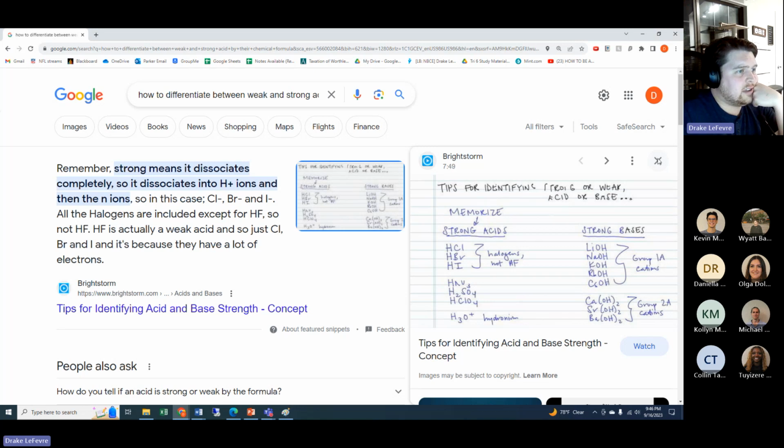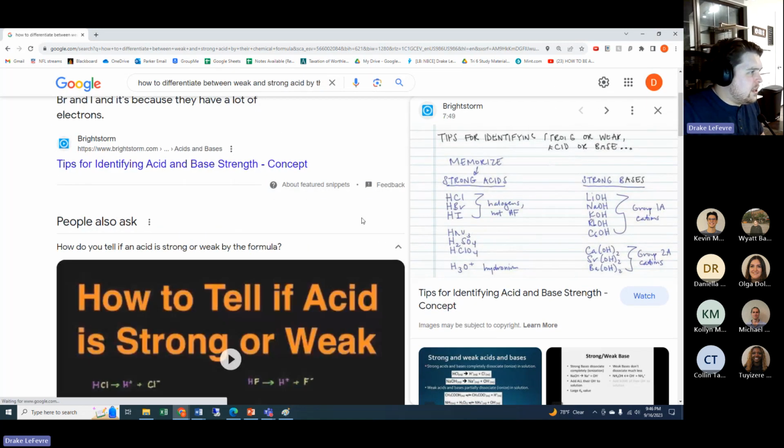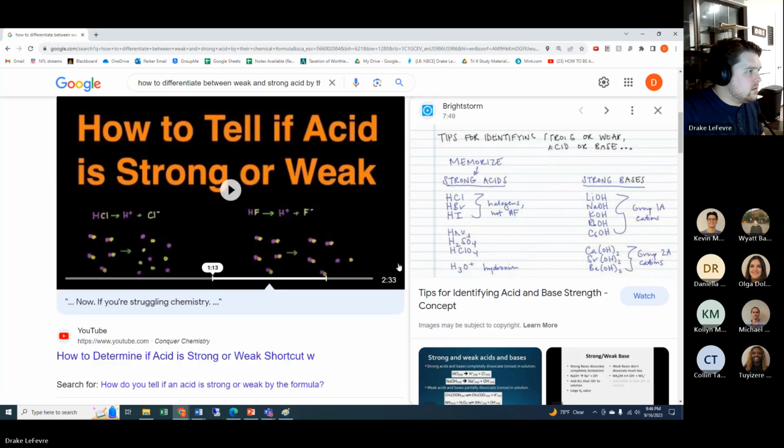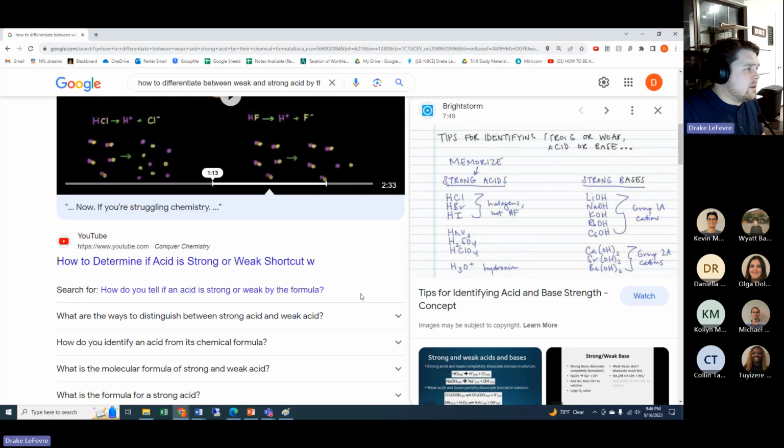In general, an acid is going to have hydrogen, because in order to be a proton donor, it has to have protons to donate. Yeah, that makes sense. So specifically, some of the strong acids are going to have chlorine, bromine, and iodine. And then there are other acids as well. Again, this is a rabbit hole we could go down.